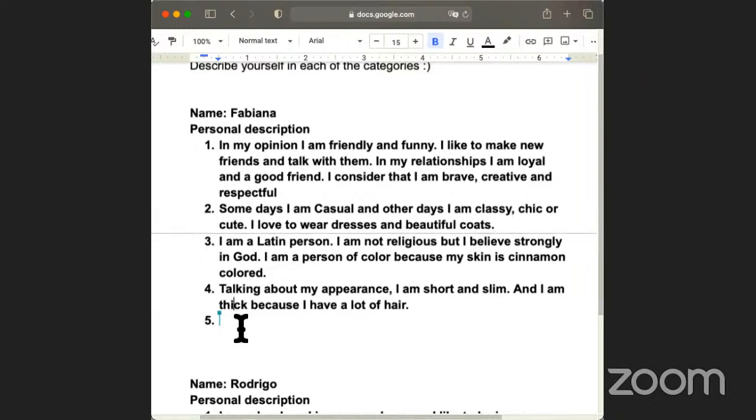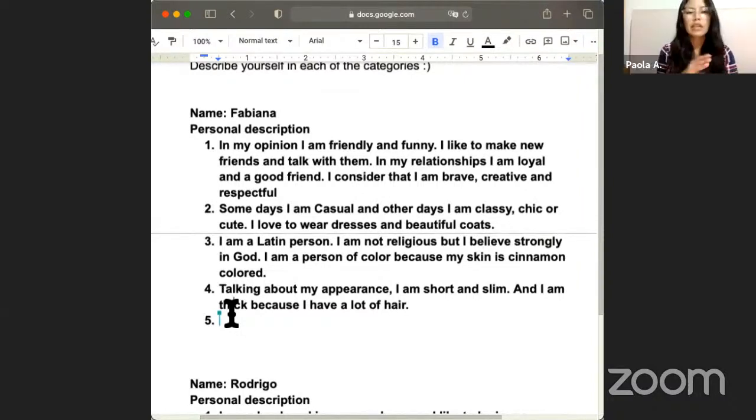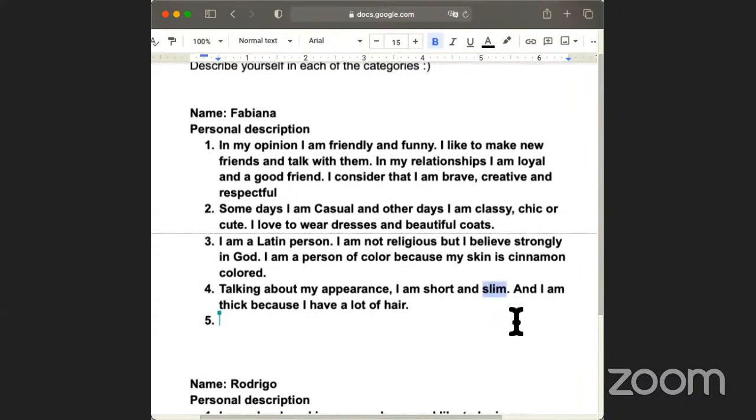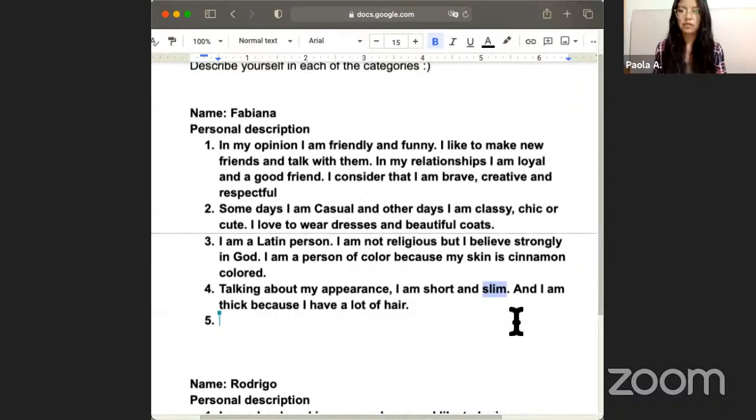In the video, your hair description says that a person who is thick is a person that has a lot of hair. Oh, not exactly. Maybe they were talking about hair, but thick is the opposite of slim. Someone who is slim is someone skinny, and thick you're a little bit chubby.